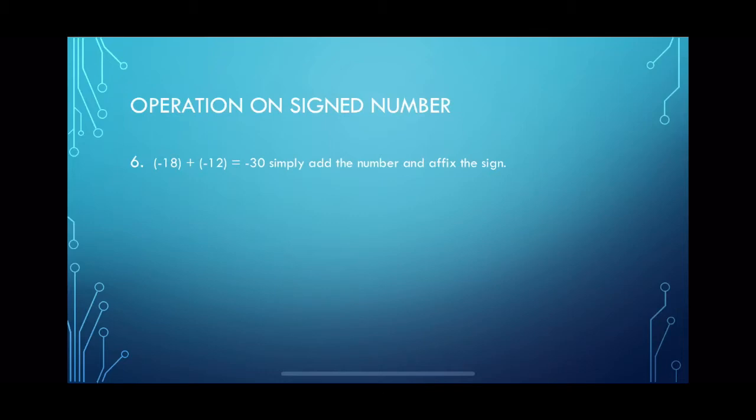For number 6, negative 18 plus negative 12. By following the first rule, we have negative 30. We simply add the numbers and affix the common sign. Another mathematical explanation about this is negative 18 plus negative 12, wherein the plus sign and the negative 12 are considered as case 2, which is positive sign multiplied by negative sign is equal to negative sign.